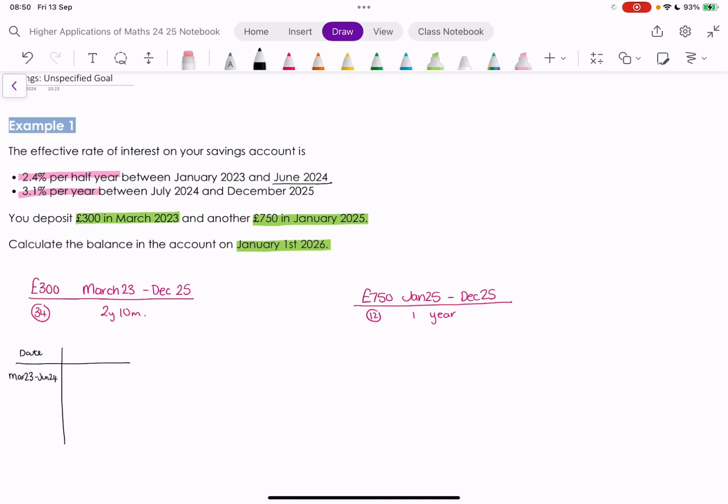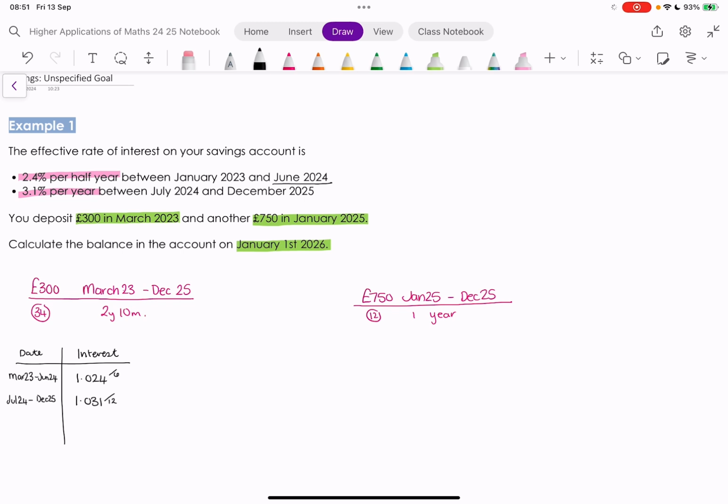Then July 24 is when the new rate kicks in, and we're keeping that in until December 25. So 1.024 for 2.4% and 1.031 for 3.1%. The 2.4% is per half year, so that's over 6, and this is per year, so this is over 12.